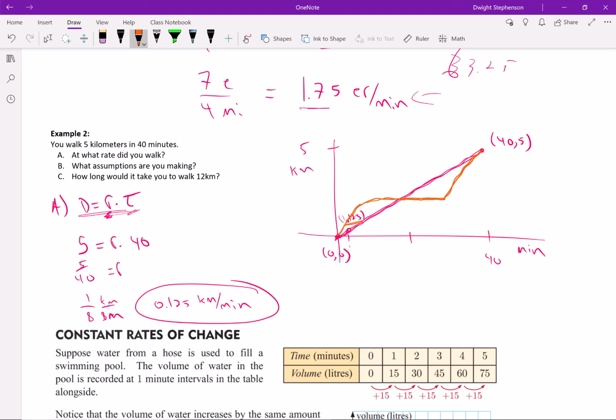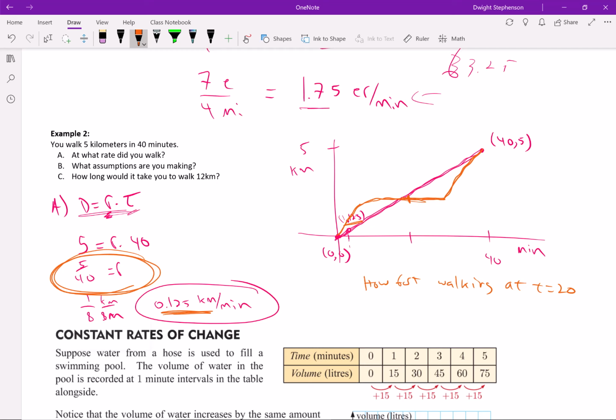Okay, so what we have to think about is that when we're doing this kind of thing, this is finding an average. It's not telling me at every moment, right? Let's pretend you ask the question, how fast was I walking at t equals 20? Like right here, how fast was I walking? Well, if you assume it's average, then you're saying you were walking 0.125 kilometers per minute. But just based on this information, you can't really answer that question because you don't know.